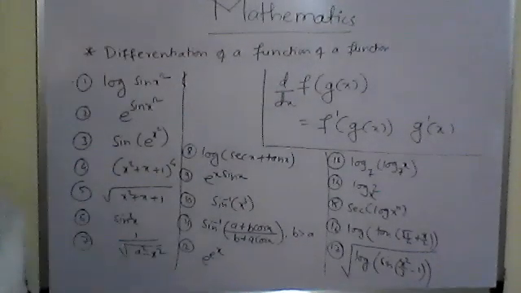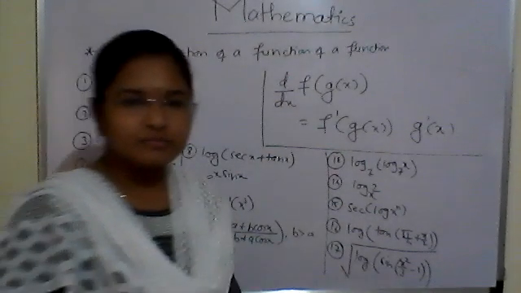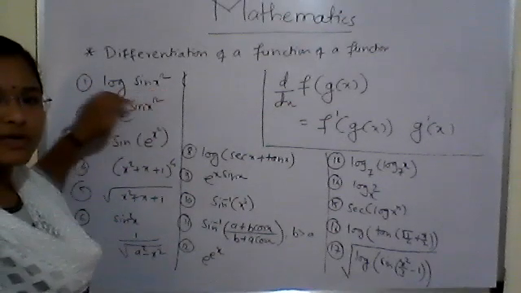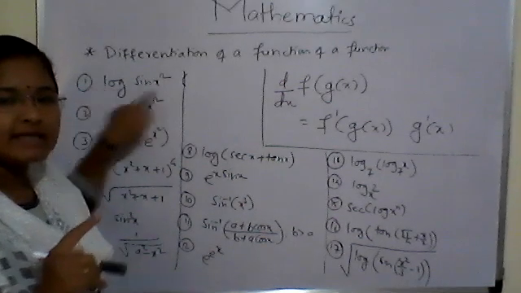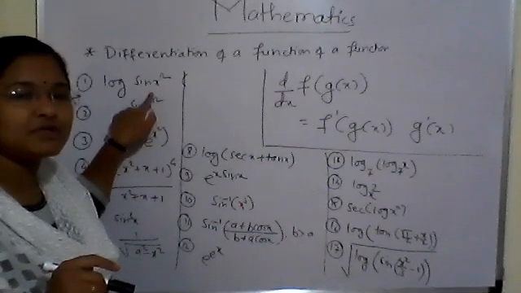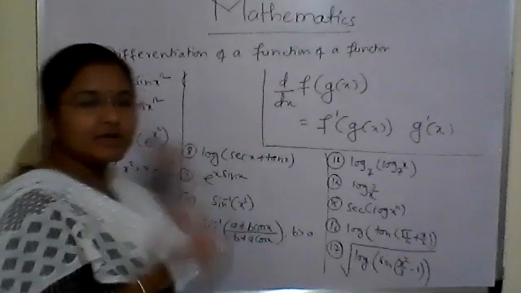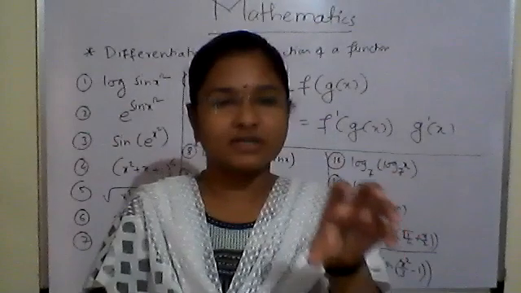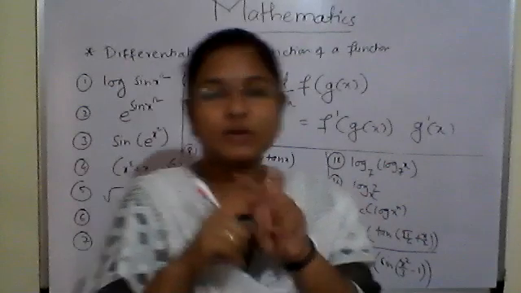Now student, tell me which should I take? All I am going to take. Log of sine of x square. Now here the first function f(x) is log x, and the second function g of x is sine x square. And again, g of x we can write as a composition, so two functions are there, one is the sine function and one is square.